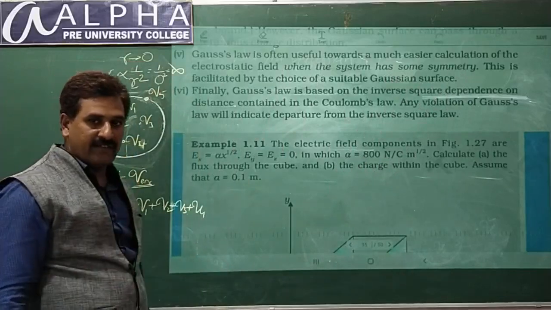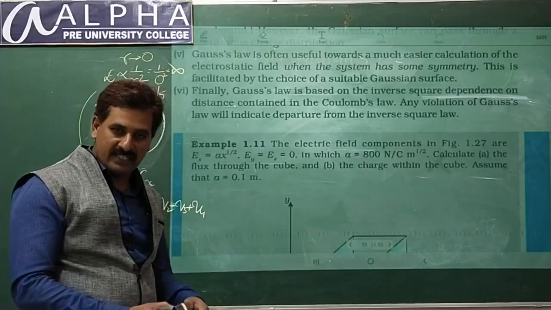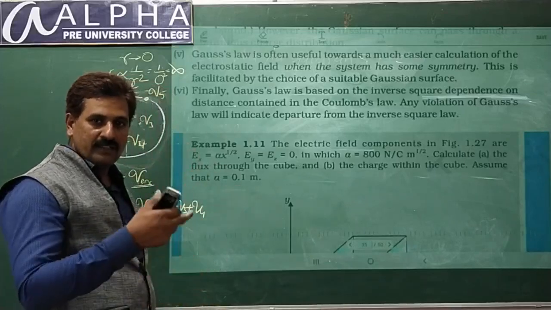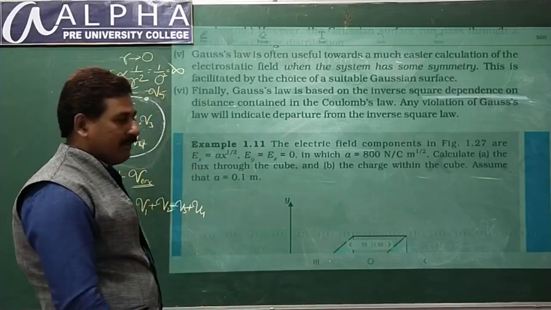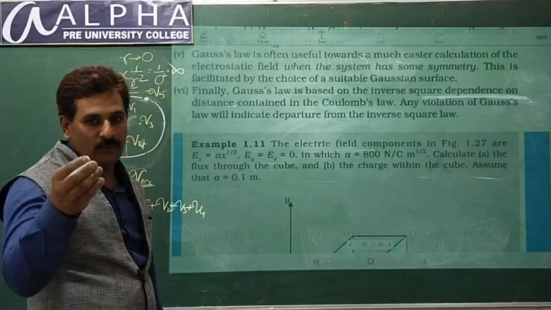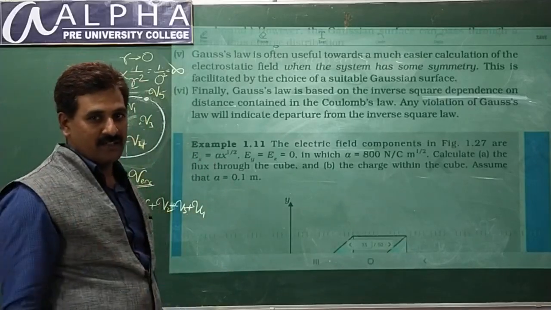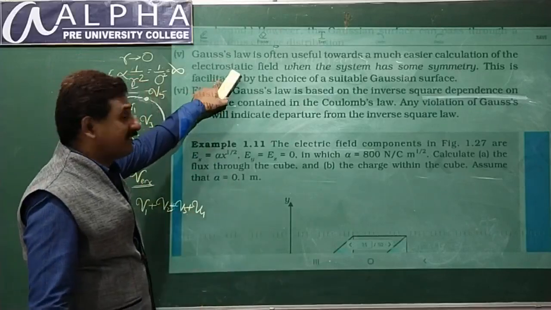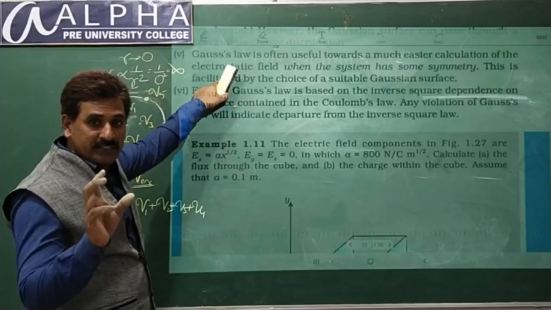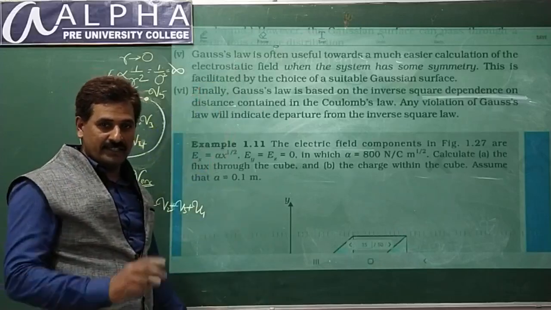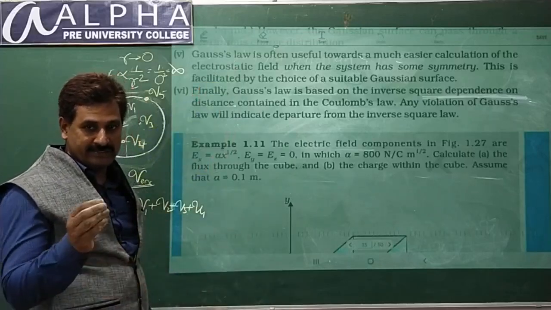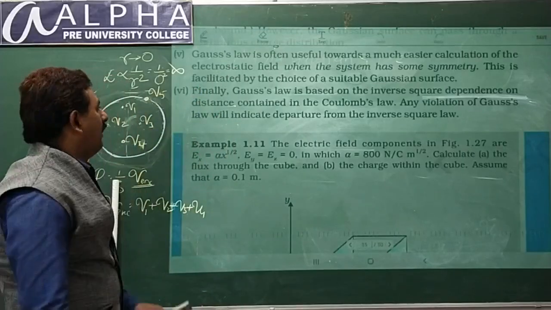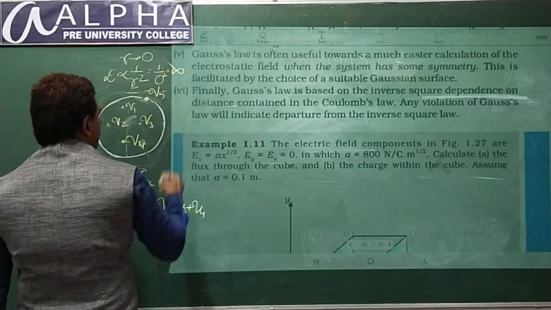If you consider a Gaussian surface such that it has symmetry like a sphere or cylinder, your calculation becomes very easy. That's what we will be doing in the next section, application of Gauss law. You will know that. What is the meaning of this sentence, students? We use symmetrical surfaces like sphere, cylinder, etc. Then the problem becomes easy.